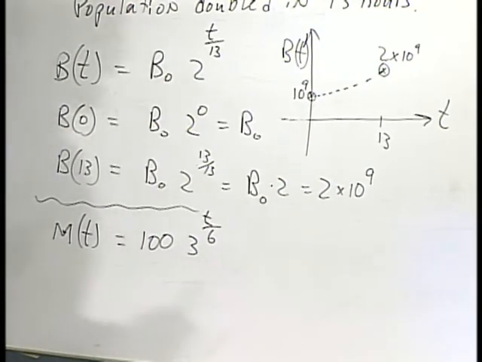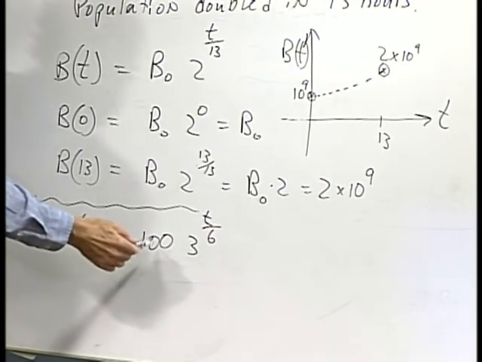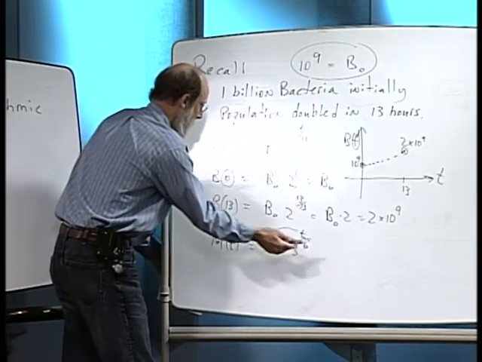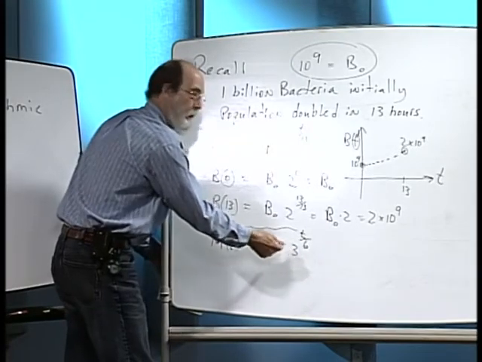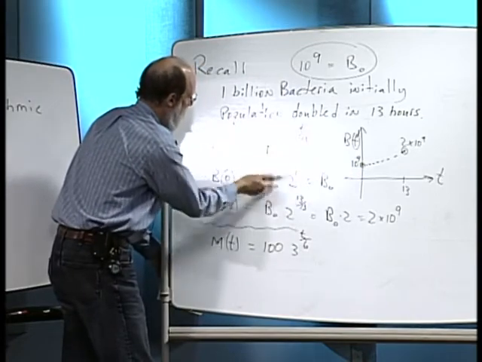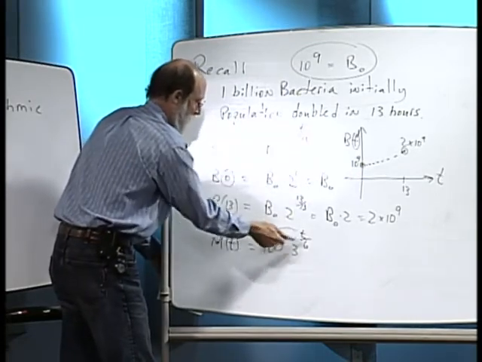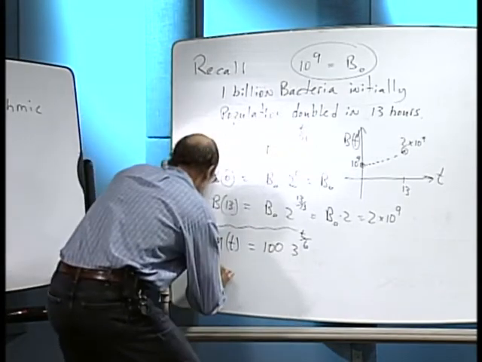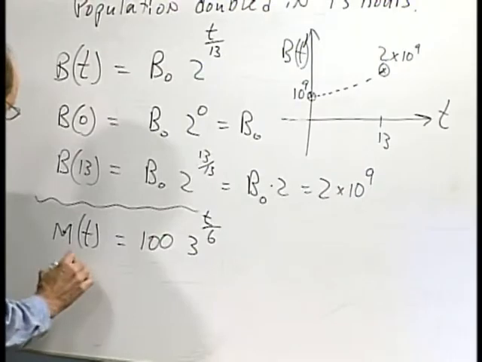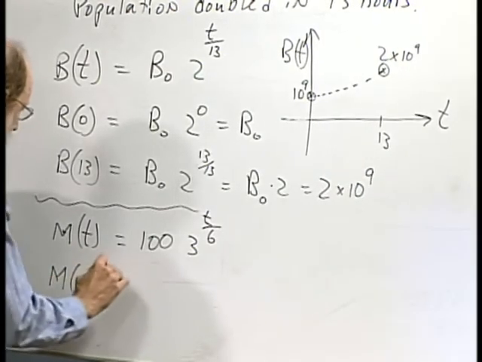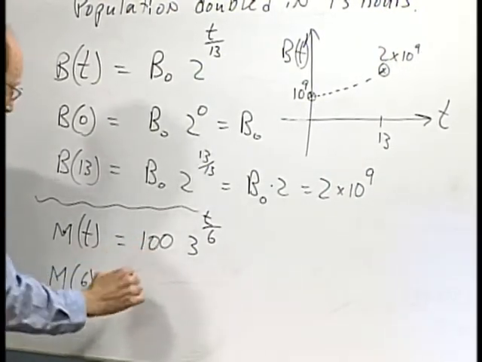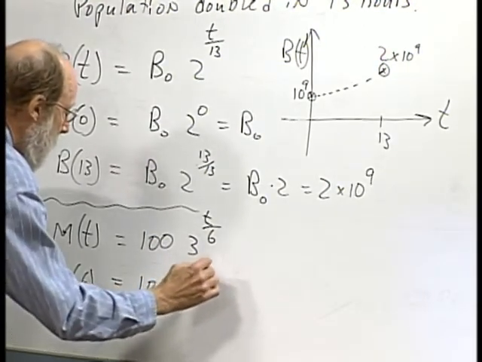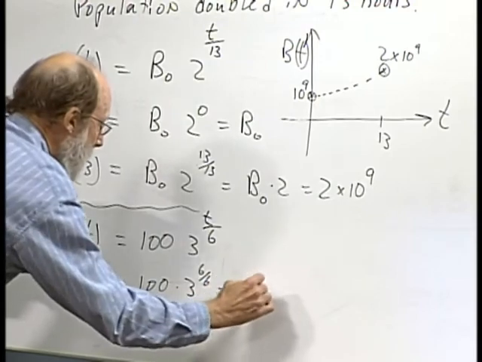So that's an easy way, if you have a piece of information about your initial population or initial amount, in this case $100, then you can build a model if you have some information about either doubling time, like we did with the bacteria, or tripling time in this case. Okay? So let's take a look. Let me go ahead and put this in here. Let's say we put in our 6 years, and then our amount of money is going to be 100 times 3 to the 6 over 6, which is going to be $300.